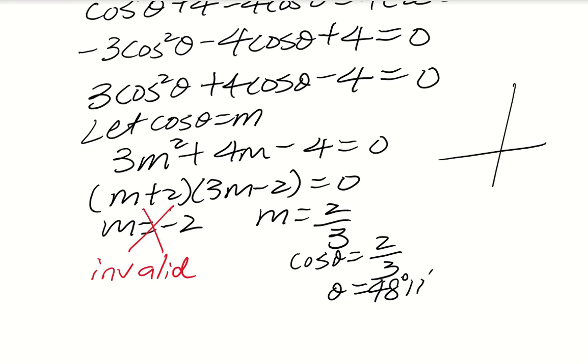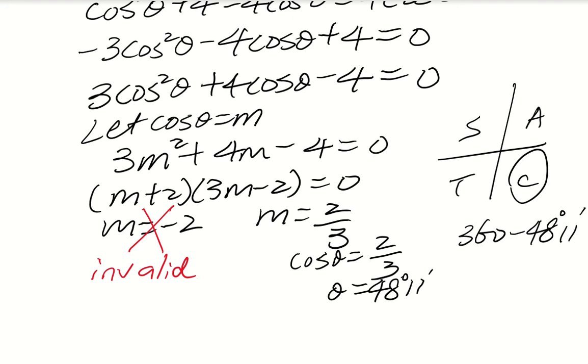Now, in ASTC, once again, this one is going to be 360, the fourth quadrant. So 360 minus 48 degrees 11 minutes, we'll have 311 degrees 49 minutes. That's how you do it.